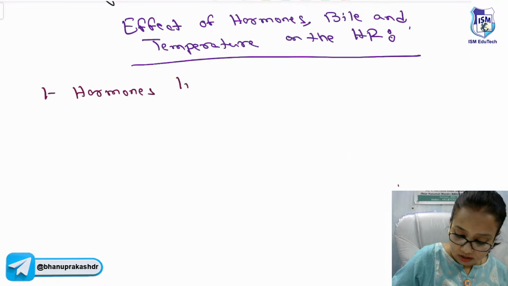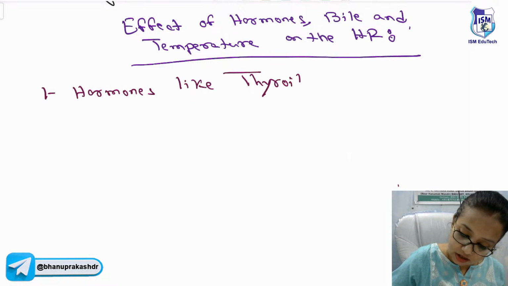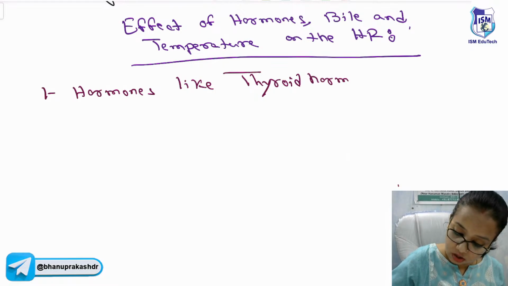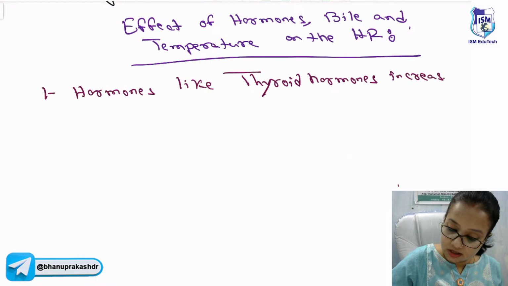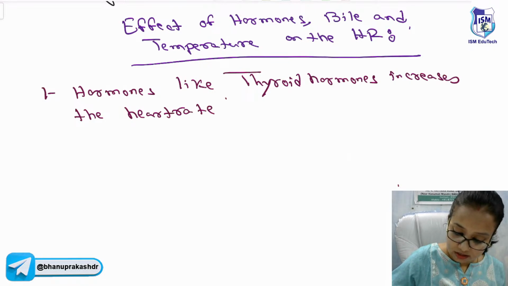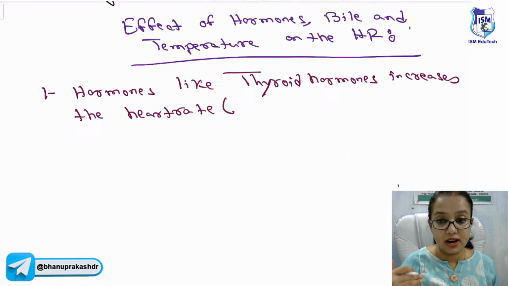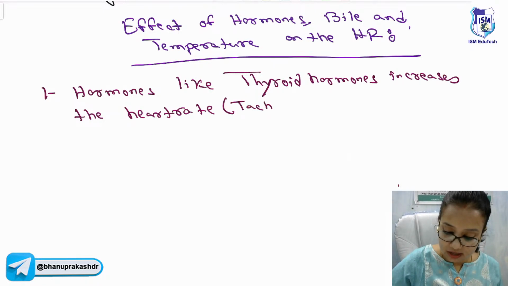Hormones like thyroid hormones increase the heart rate. When the heart rate in an adult is 100 and more, it is called tachycardia.